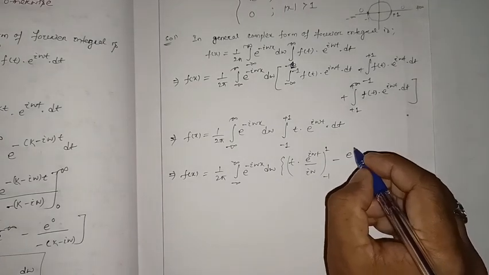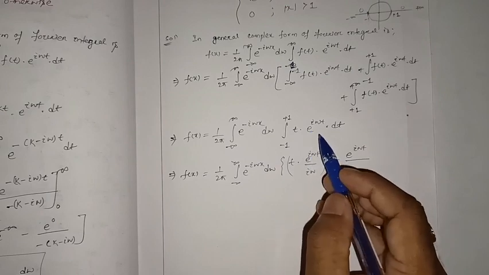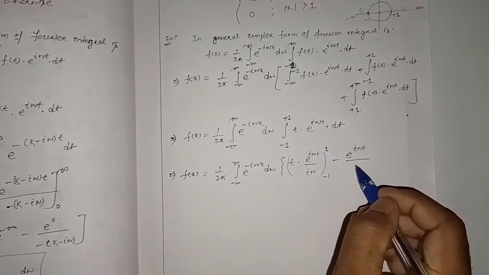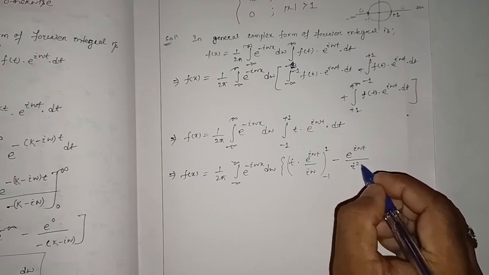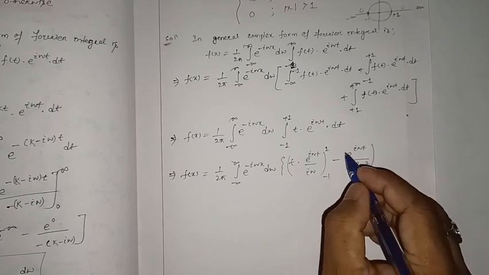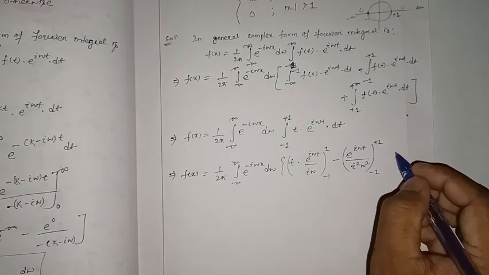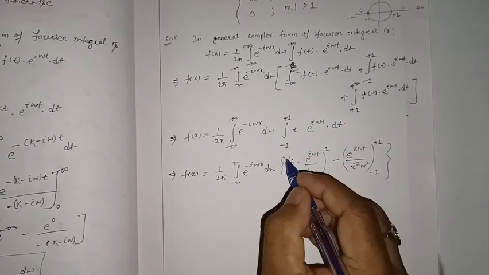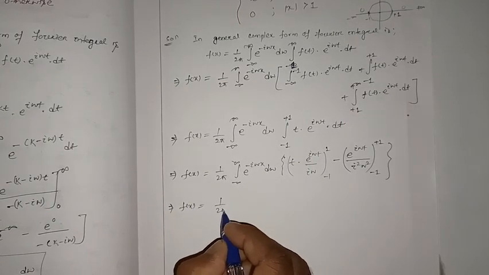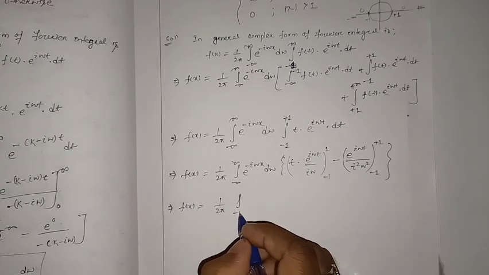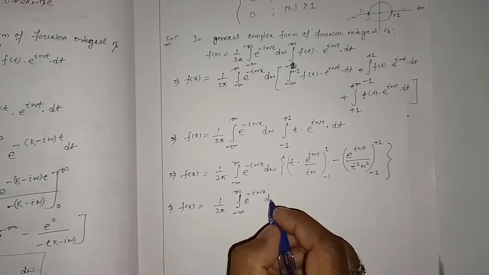So e to the power i omega t divided by i omega the first time, and second time integration gives i squared omega squared, limit from minus 1 to plus 1. Okay, so that implies f of x equal to 1 by 2 pi, integral from minus infinity to plus infinity of e to the minus i omega x d omega.